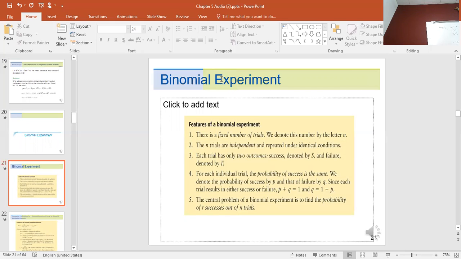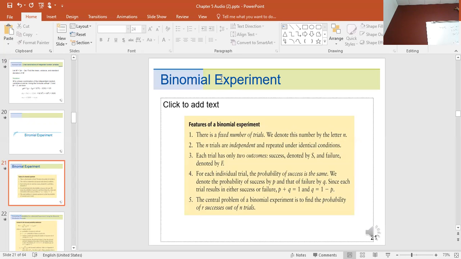So there is a fixed number of independent trials, and just the quantity times. Each trial has exactly 2 outcomes, success and failure.